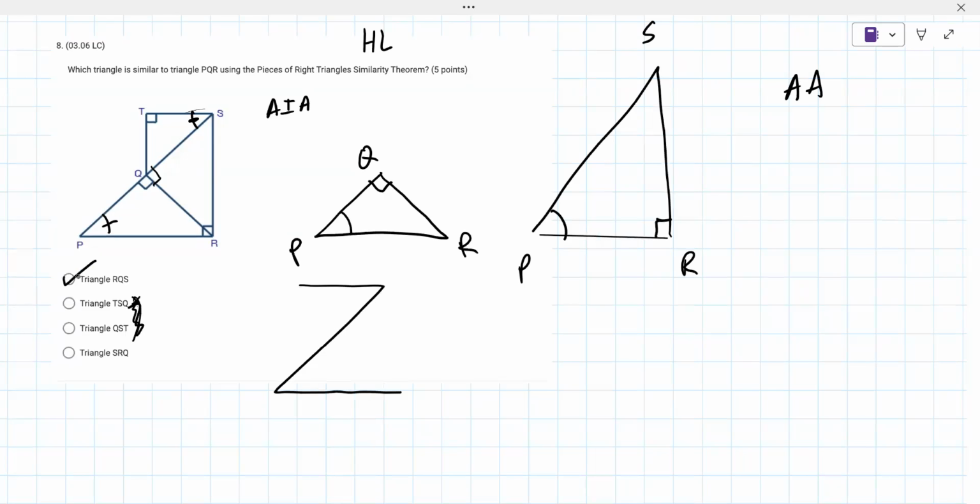So look at the mapping of these letters. Yeah, that kind of makes sense. RQS and PQR. Yeah, that makes sense.